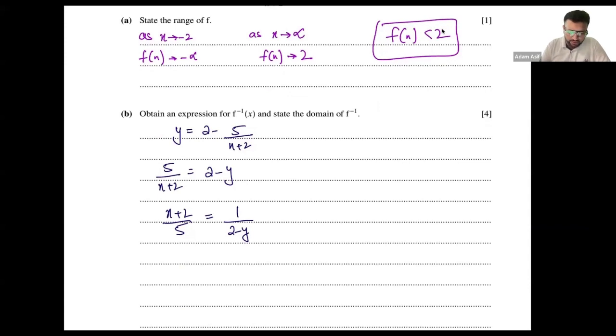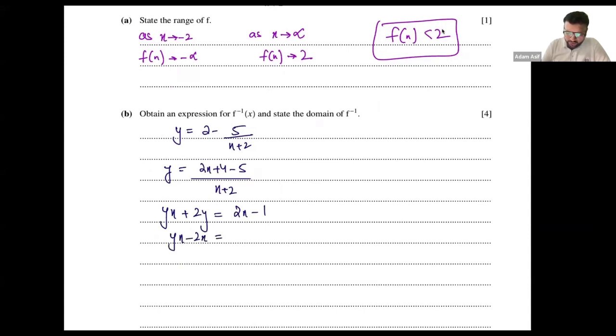Okay, many students would make the denominators common over here and work it out like this. That's also correct. So you want to make x the subject, yx minus 2x, or what we can do is 2x minus yx equals 1 plus 2y.